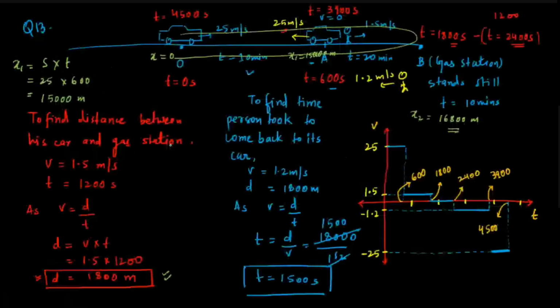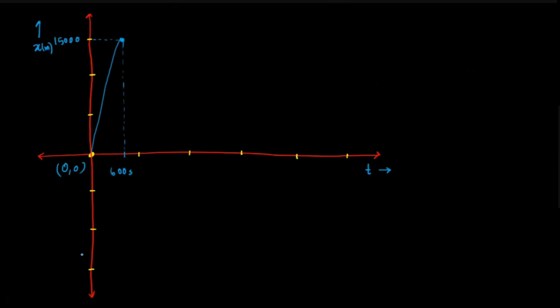Now, next position. It says from point A to point B, it has moved another 1800 meters. So the position at point B is 16,800. And the time is going to be what? 1800 seconds. So from 600 seconds to 1800 seconds. So this was 6, so let me mark this as 18. 1800 seconds it is.